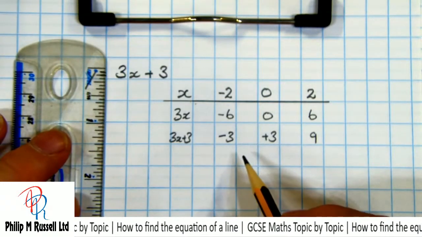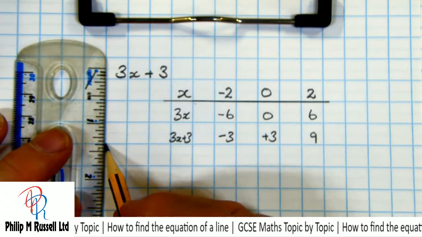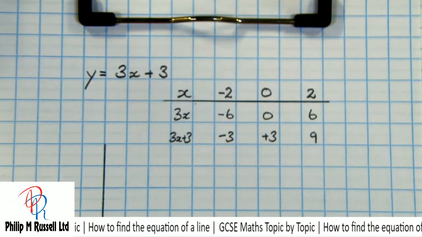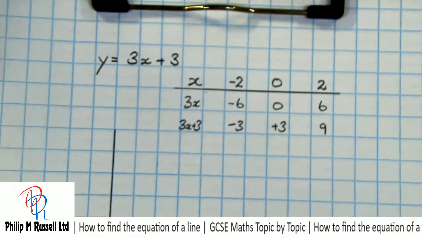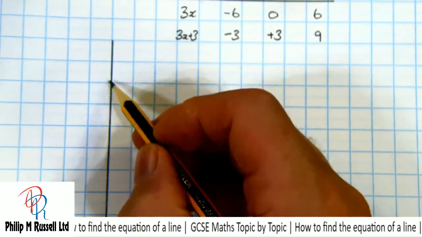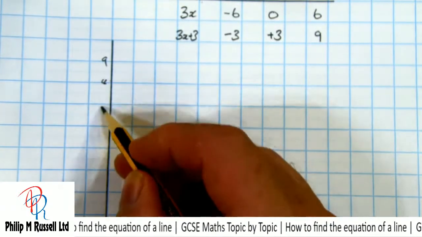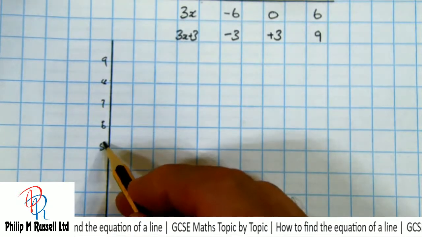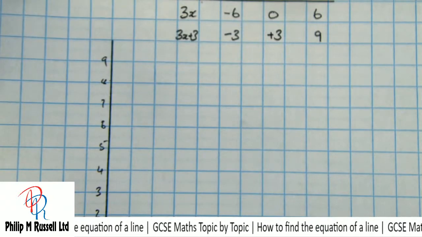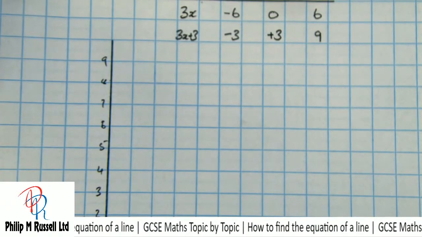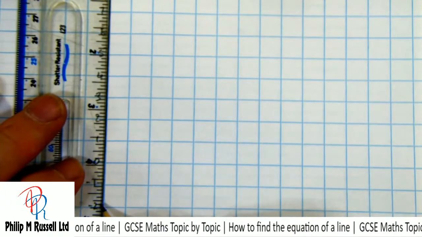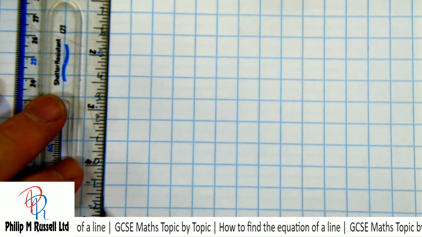We only really need 3 values to work out a line. So let's see if I can work out enough. So if I say that's going to be 9, 8, 7, 6, 5, 4, 3, 2, 1, 0, minus 1, minus 2, minus 3. I nearly made my line long enough. I made a guess.